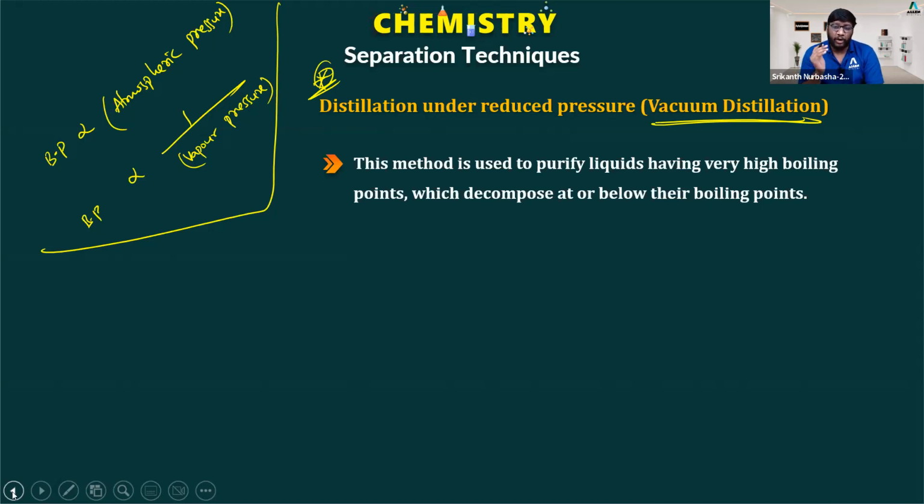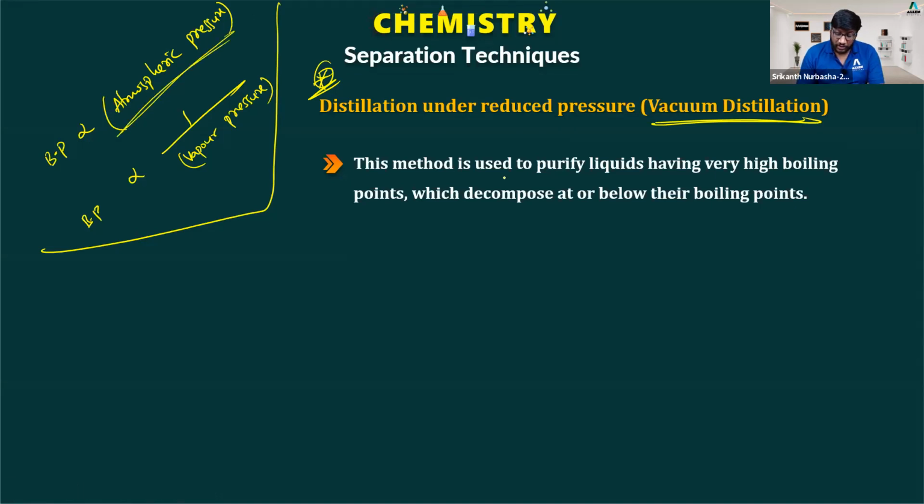That means I am not supposed to use steam distillation or fractional distillation, because at the boiling point it is converting into another compound. Decomposition is happening. So I have to reduce the boiling point of that particular component. How can I do that? I can reduce the pressure, the atmospheric pressure.